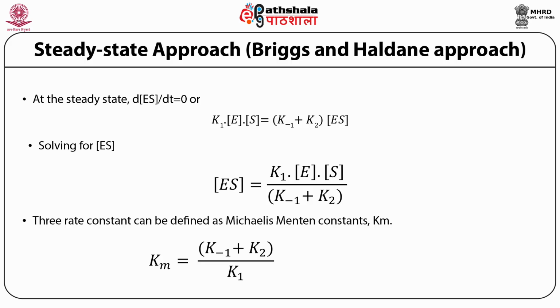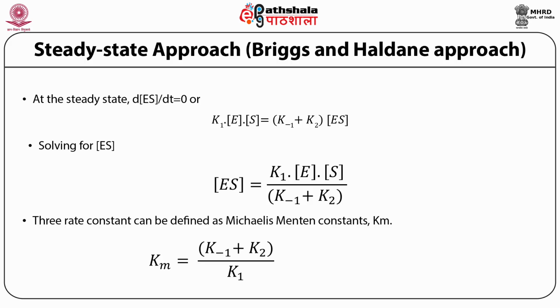because as per assumption K minus 1 is very much greater than K plus 2. But here in the steady state approach, we are saying that K plus 2 is more than K minus 1, but still we are taking K minus 1 and K plus 2 both. So why are we taking K minus 1 here but not taking K plus 2 in the equilibrium theory?